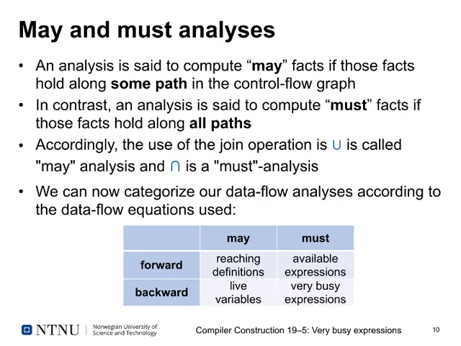Now, we've also seen that we have some analysis where we are computing some facts that may take place. So an analysis that has some facts that hold along some path in the control flow graph. And we have other analysis that compute must facts, so facts that have to hold along all the paths. So, of course, we have an equivalence in our data flow equations here.